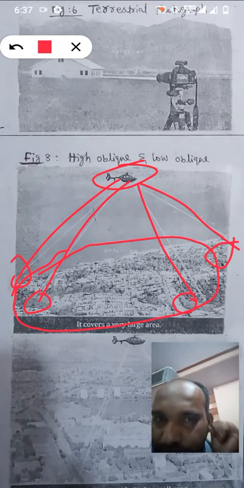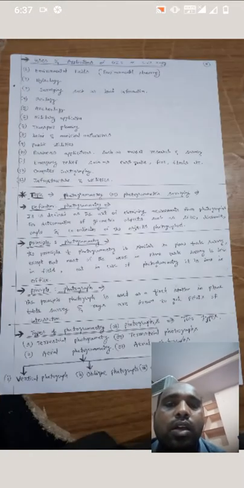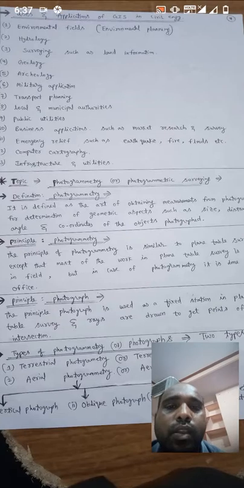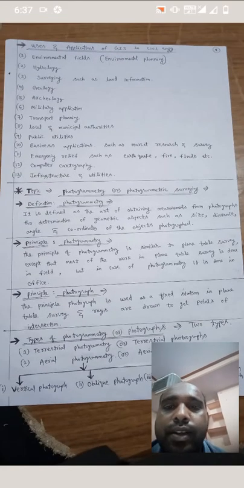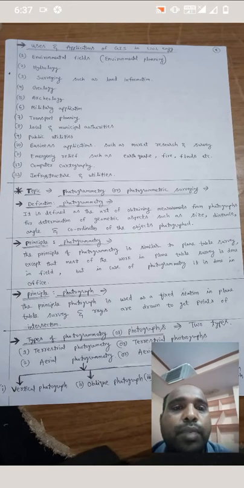So this is the definition of photogrammetry. Once again, it is defined as the art of obtaining measurements from photographs for determination of geometric aspects such as size, distance, angles, coordinates of the objects photographed.